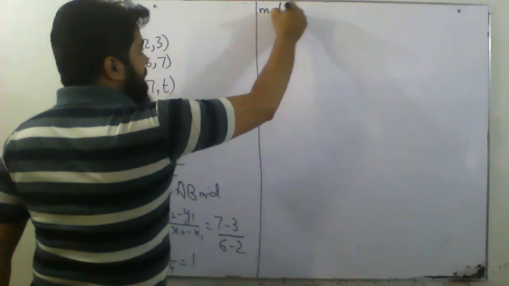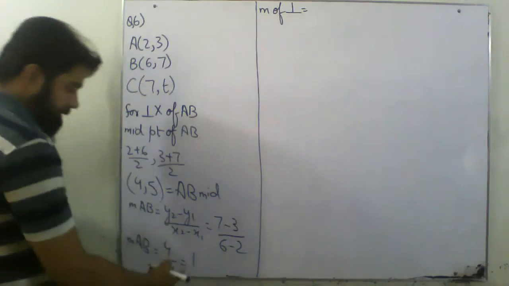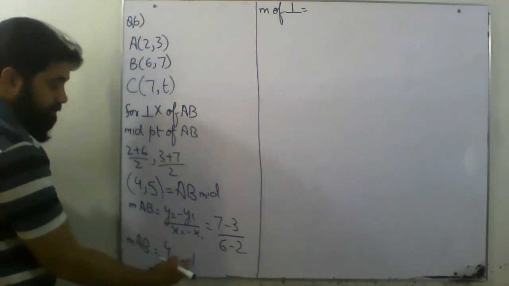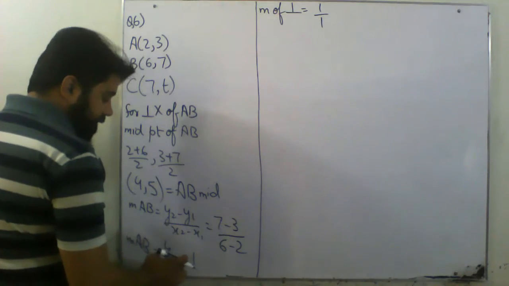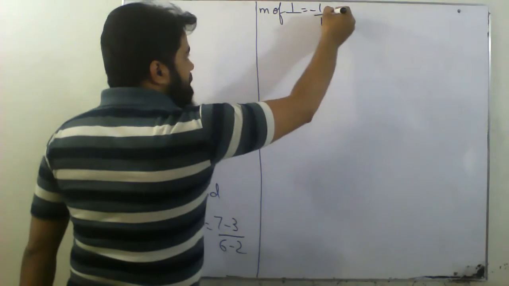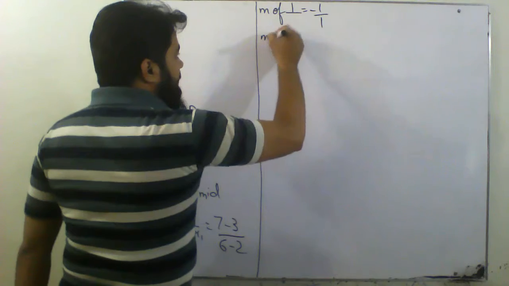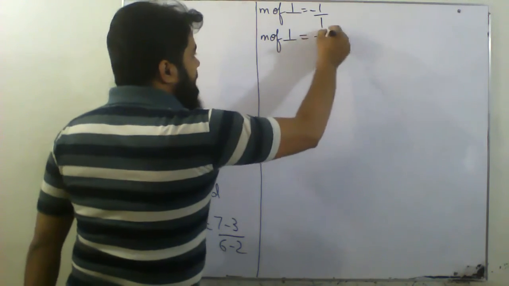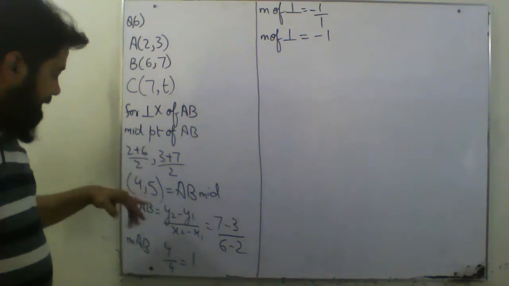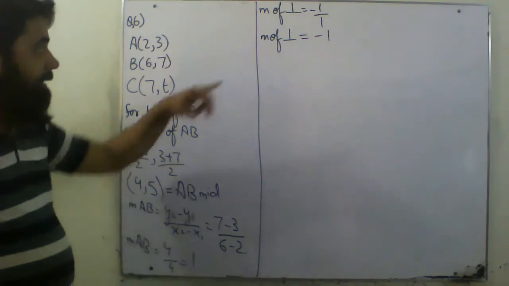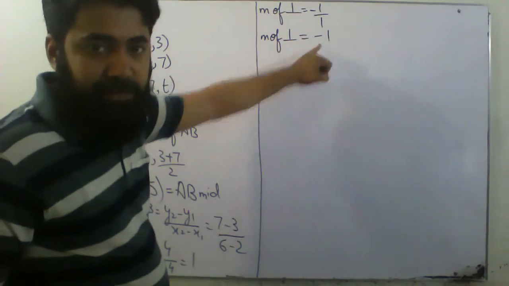The gradient of the perpendicular bisector is the negative reciprocal of this. The reciprocal of 1 is 1 over 1, and the negative of the positive sign will be minus 1. So the gradient of the perpendicular bisector will be minus 1. Now the perpendicular bisector is passing through this point, and the gradient is minus 1.